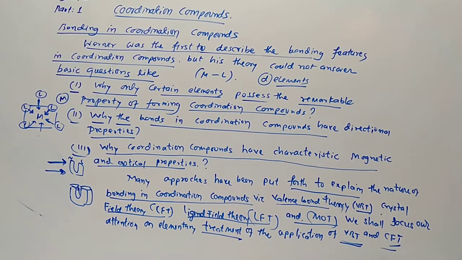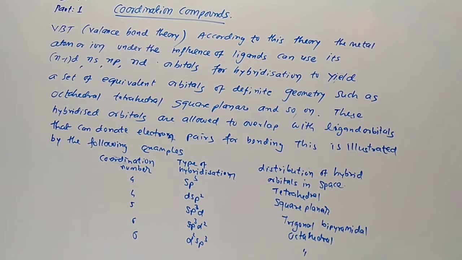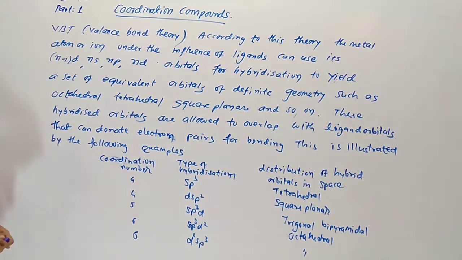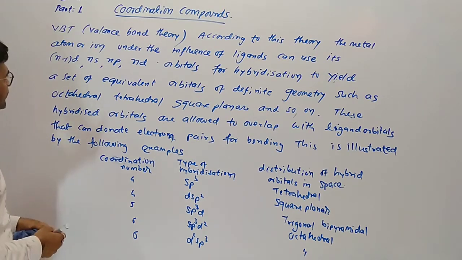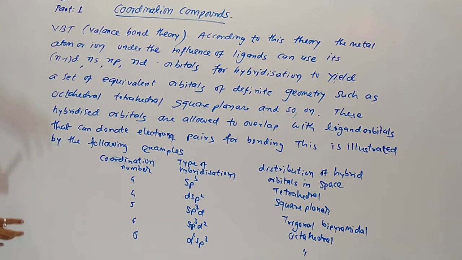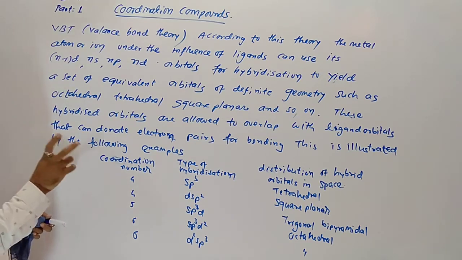First of all, we are going to discuss valence bond theory. According to this theory, the metal atom or ion under the influence of ligand can use its (n-1)d, ns, np, nd orbitals for hybridization.